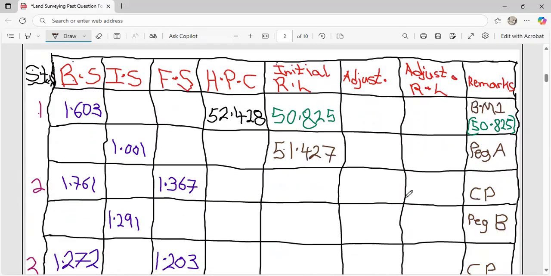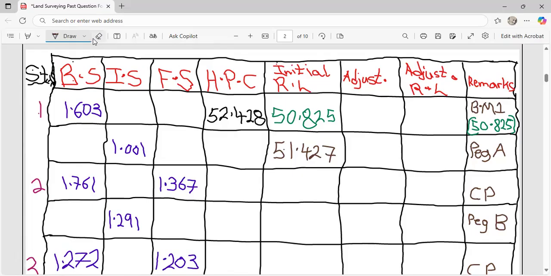Okay, so it means that we are still going to subtract the next reading, which is a foresight, from the HPC. And that is going to become 52.428 minus 1.367, and we are going to get 51.061.